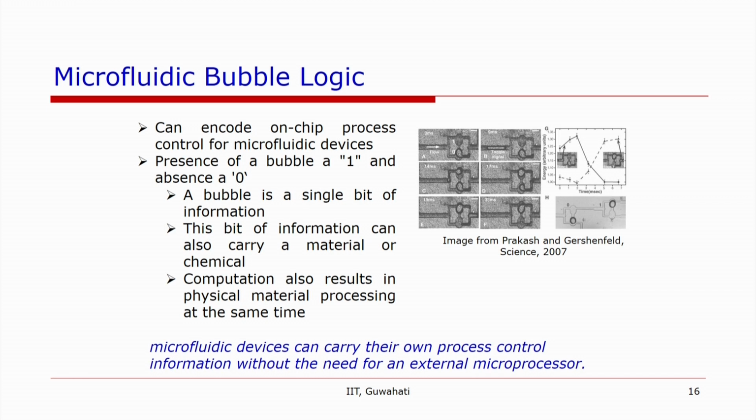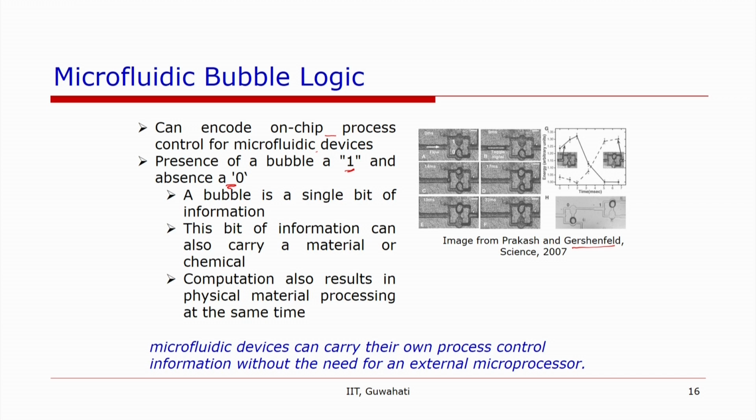Okay, so a related application of this micro total analysis has come from Professor Gershenfeld's lab at MIT, where they have suggested that in microfluidics one can use bubble logic. So, one can encode on-chip process control using bubbles for microfluidic devices, where the presence of a bubble is 1 and the absence of a bubble is 0.